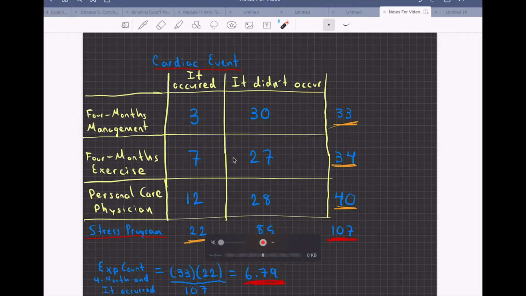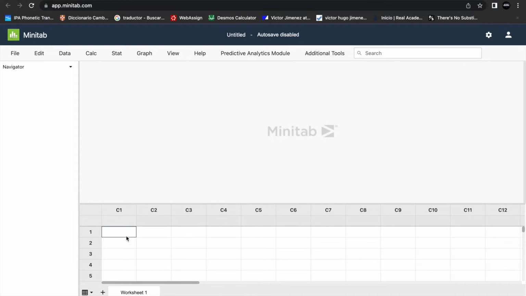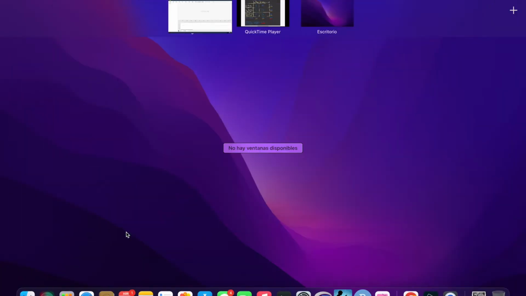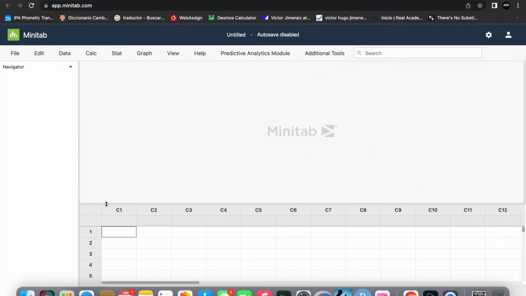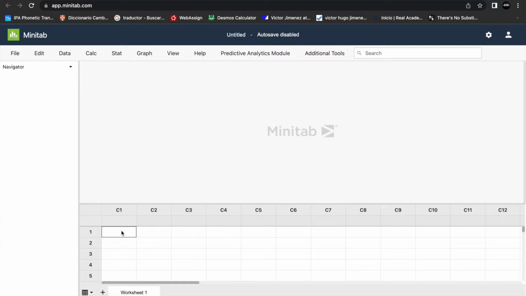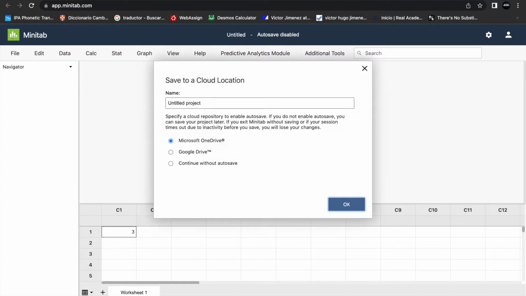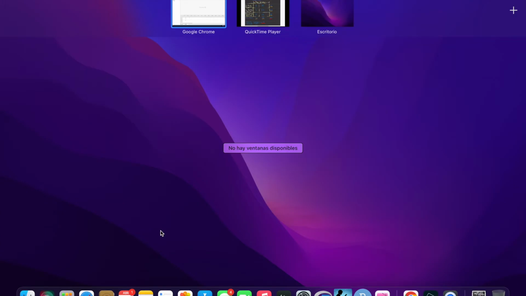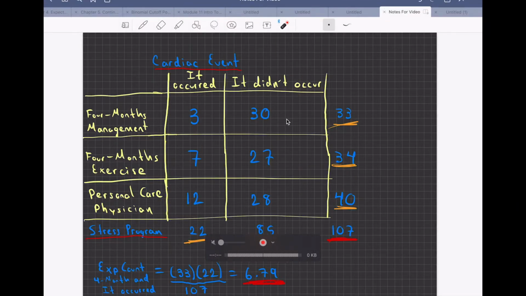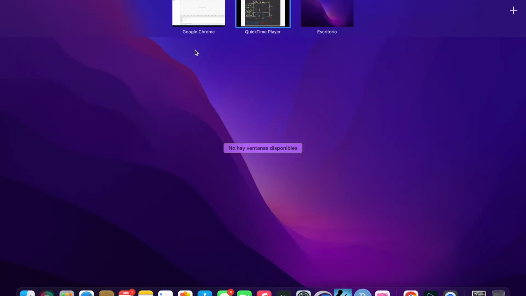That's all. In some columns, for example here, I'm going to enter the numbers for this column: 3, 7, 12. And then in the other column, 30, 27, 28.